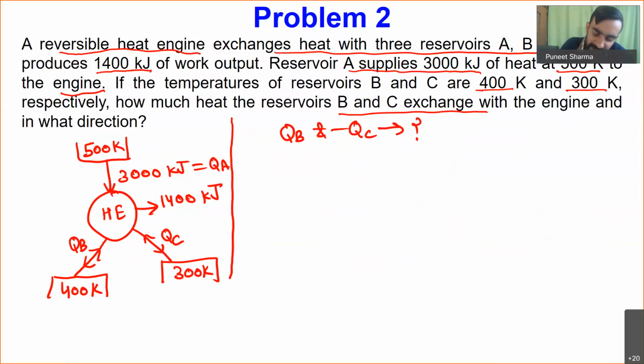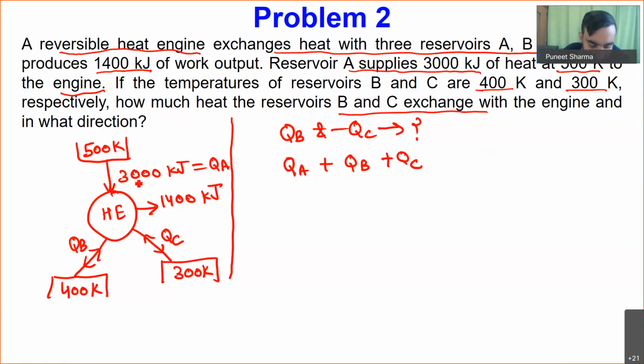My total heat interaction is QA plus QB plus QC. At the moment, to QB and QC I am assigning positive signs only. Ultimately, if we get a negative sign for any of these quantities, it means the heat transfer is in the direction opposite to what we assumed. So that we will be able to conclude.